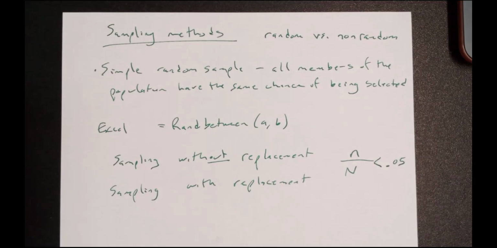Now, 5%, we literally made that up. Somebody in statistics decided a long time ago 5% was good enough. Usually, in this case, we will consider our population to be effectively infinite by comparison to our sample.